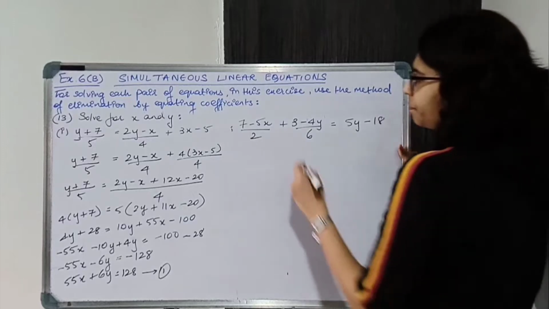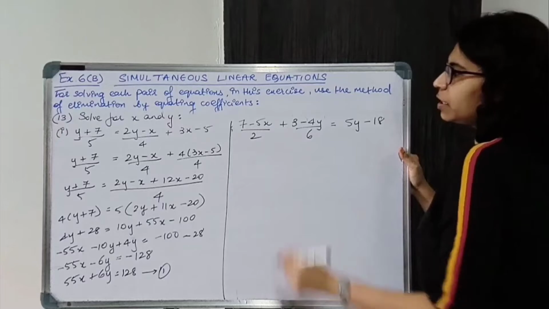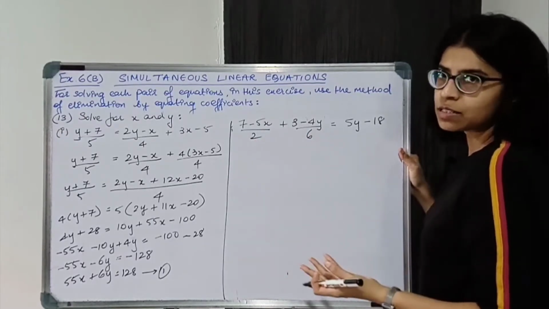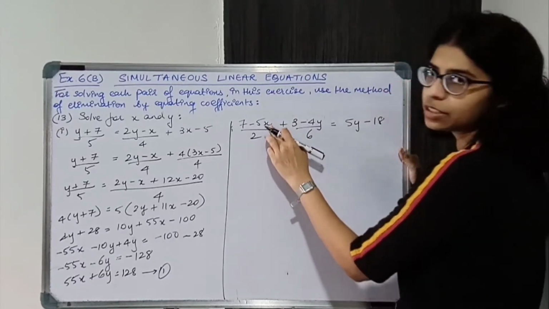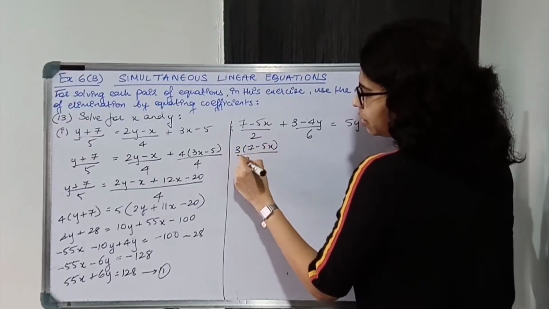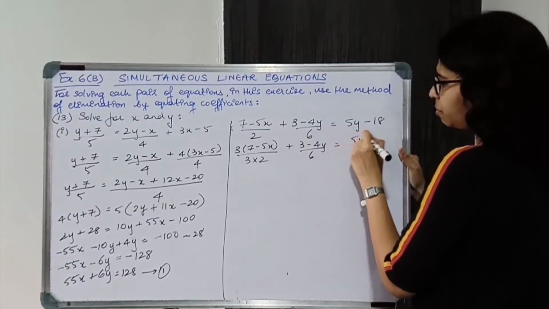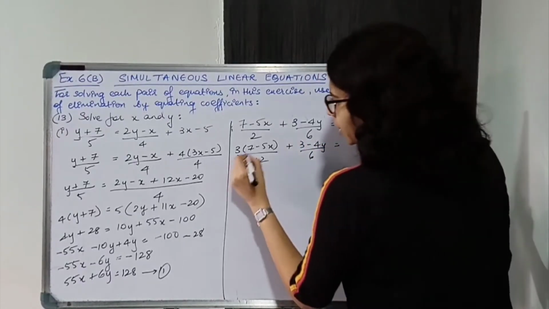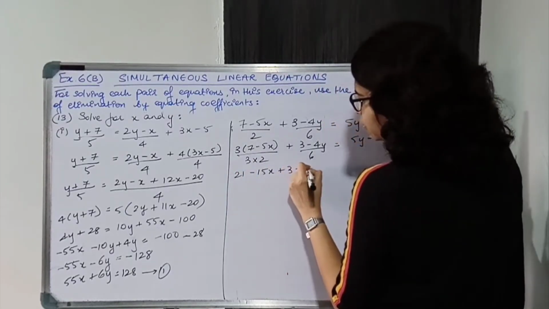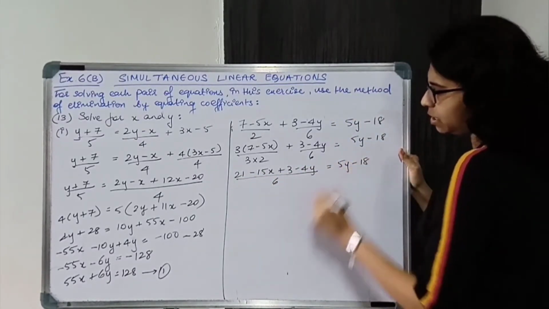Second equation. Now over here, in the same way we need to solve. Here first we make the denominators the same. Here it is 2 and 6, so what is the LCM of 2 and 6? It is 6. Okay, we'll multiply and divide by 3 over here. So 3 into 7 minus 5x and 3 into 2. This will remain as it is. This will also remain as it is. So 21 minus 15x plus 3 minus 4y by 6 is equal to 5y minus 18.